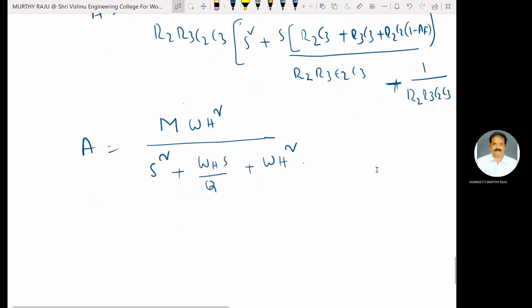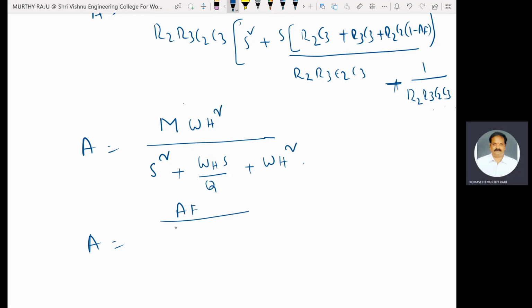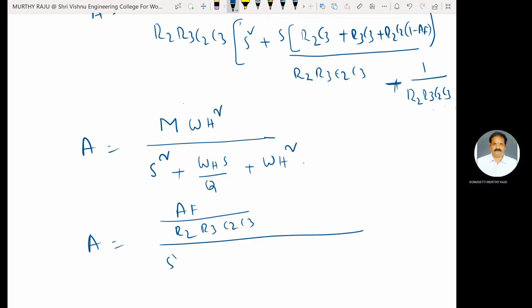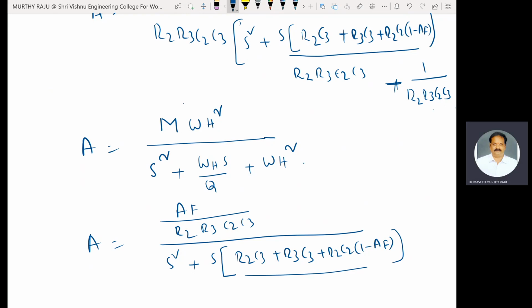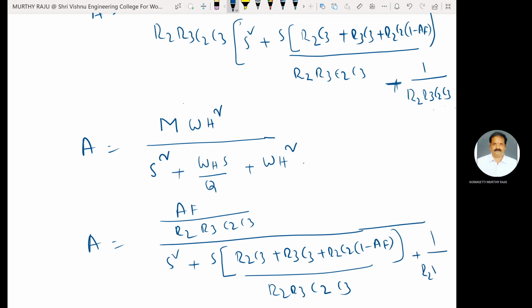Therefore, here gain A is equal to AF by R2 R3 C2 C3 by S square plus S into R2 C3 plus R3 C3 plus 1 by R2 R3 C2 C3.